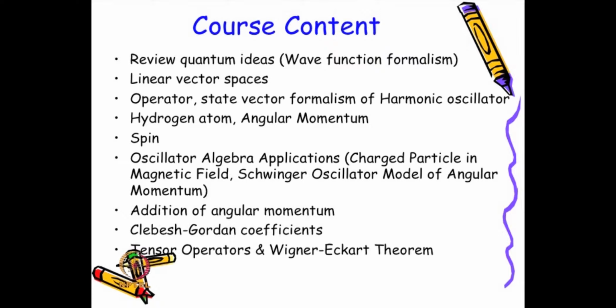I am going to concentrate on hydrogen atom, angular momentum, then the concept of spin, addition of angular momentum, how does one add two angular momenta. Then these things will force us to introduce a coefficient called the Clebsch-Gordan coefficient. So, we will spend some time looking at these aspects after.